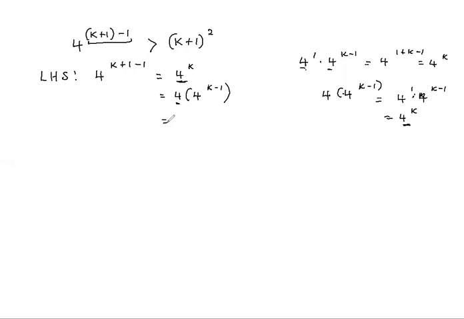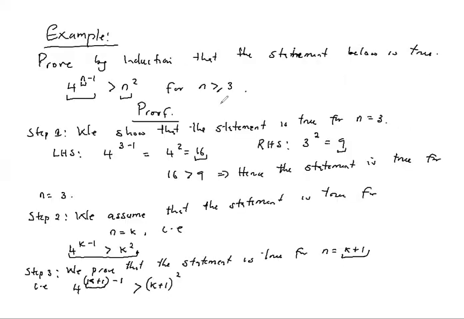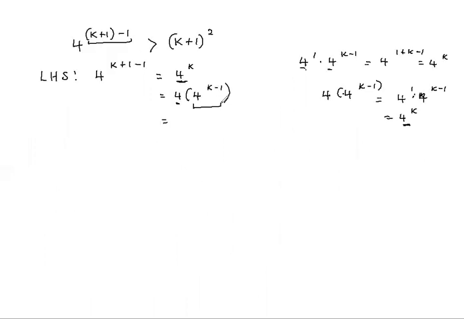So what you have gotten from step 2 is that this part is greater. Step 2 is saying 4^(k-1) is greater than k squared. So what we have now is this statement here, which is 4^(k-1) is greater than 4k squared.